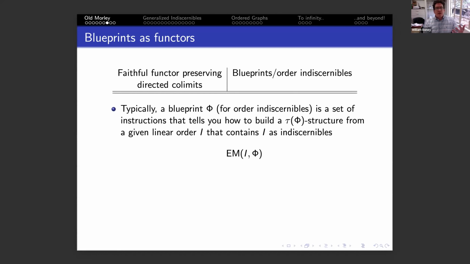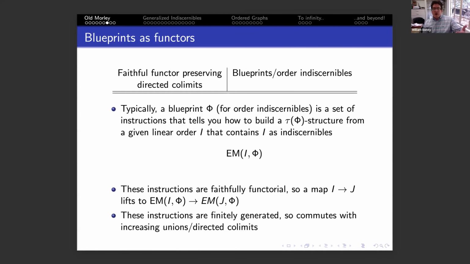So how does this give us a functor? Well, these instructions are faithfully functorial. What does that mean? If I take any map of linear orders from I to J, and I build my model based on I and my model based on J, the J model is going to have the I model as a subset of it, because you're just following the instructions from phi on the image of I, or on this copy of I. And faithfully just means that I and J literally live inside of these EM models.